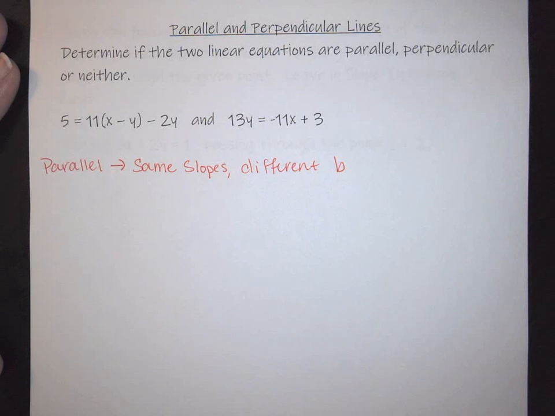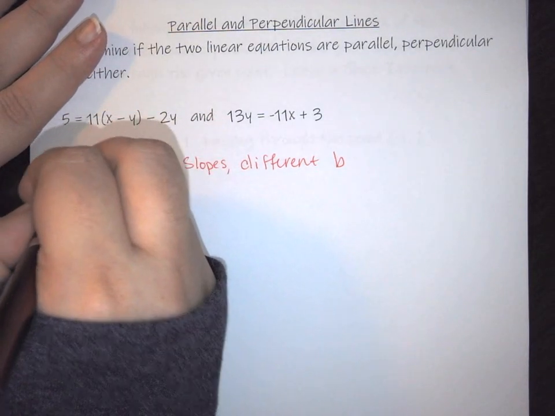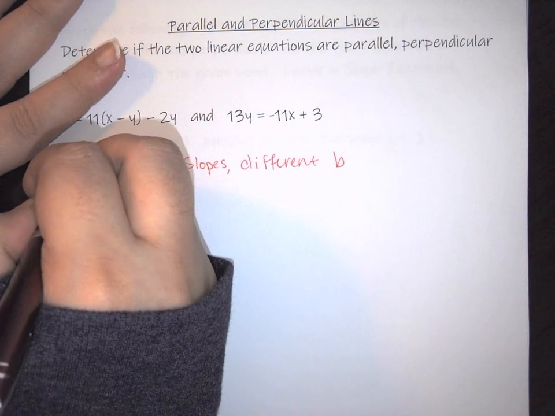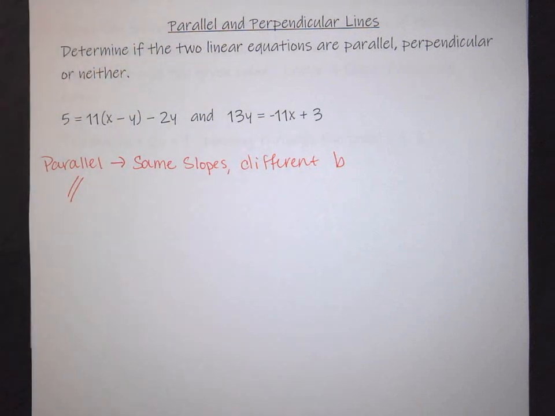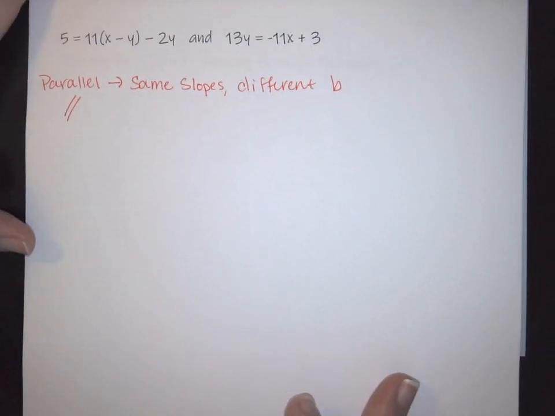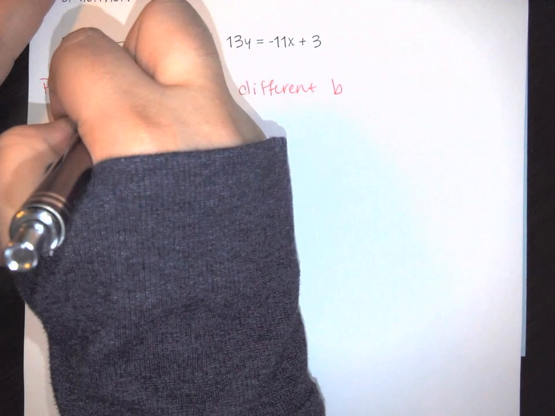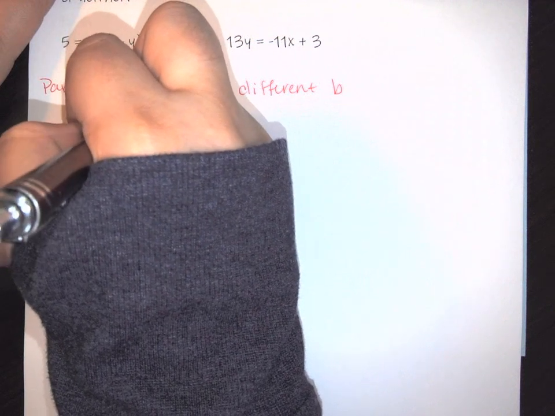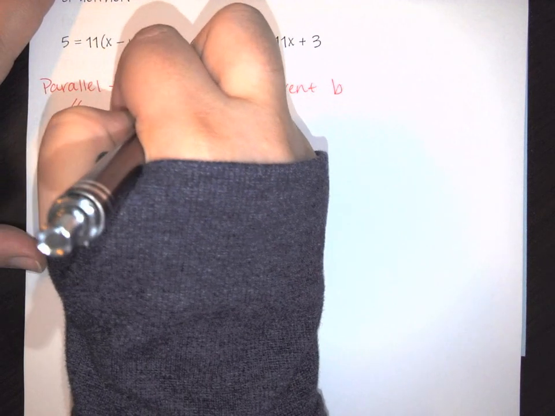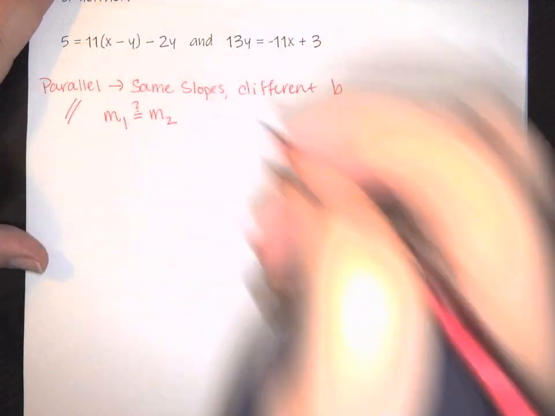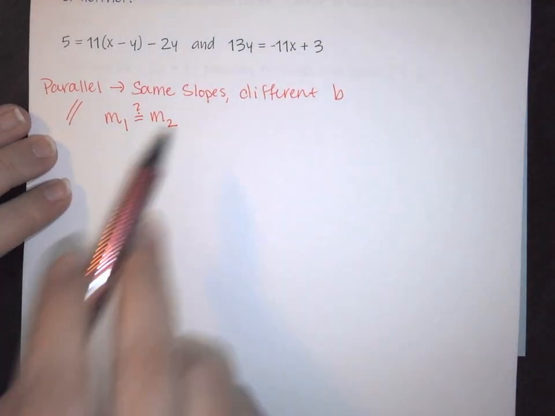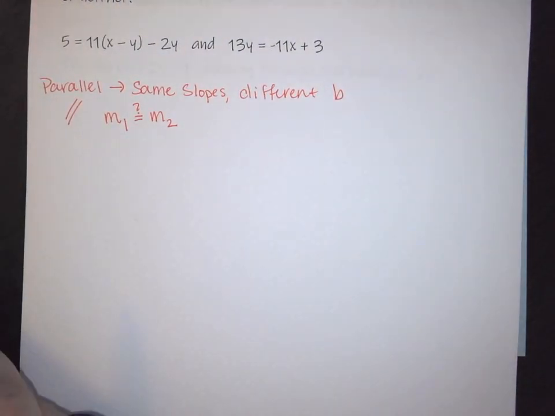Now, when we talk about parallel, we have an abbreviation or a symbol, so we use two lines that are right next to each other. That means parallel. And we also have an equation that we use to look at. In other words, we want to test, does M1 equal M2? Now, you must satisfy this equation in order to prove that you are parallel.